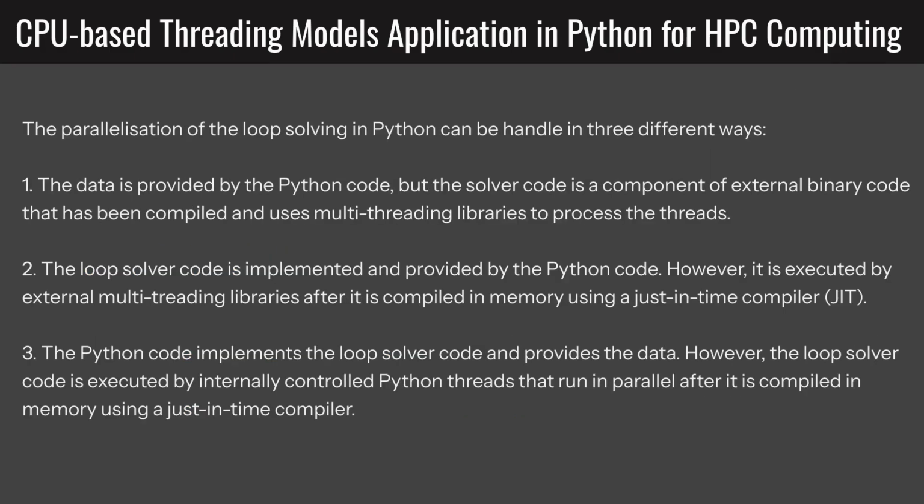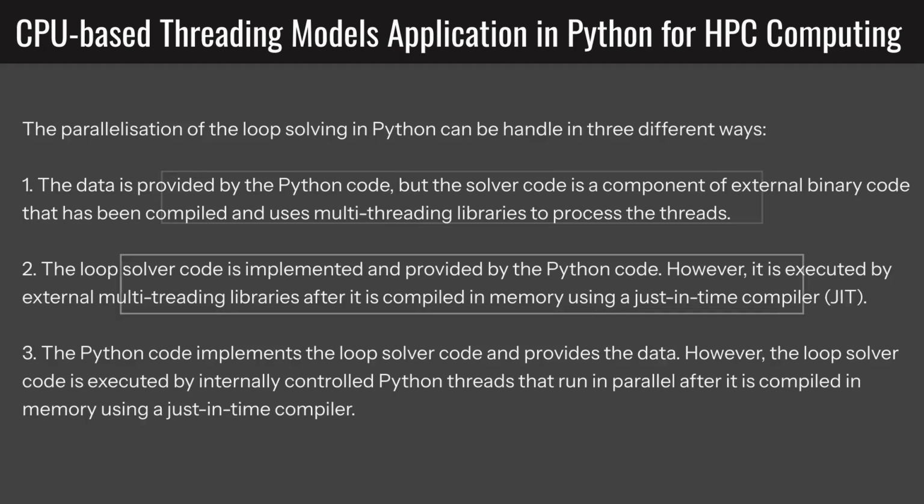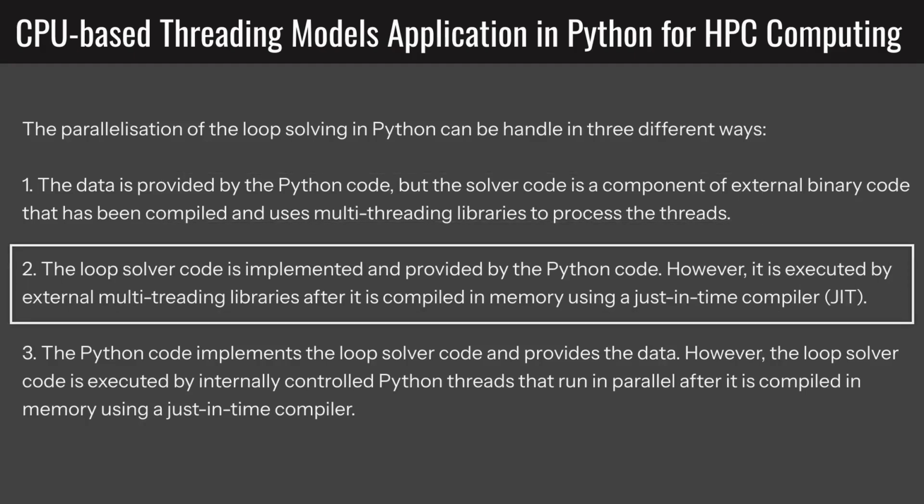The parallelization of the loop solving in Python can be handled in 3 different ways. 1. The data is provided by the Python code, but the solver code is a component of external binary code that has been compiled and uses multi-threading libraries to process the threads. 2. The loop solver code is implemented and provided by the Python code.